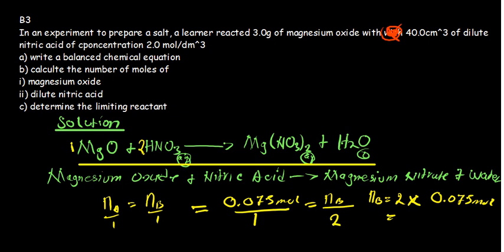What we get is 0.15 moles. So meaning 0.075 moles of magnesium oxide only reacts with 0.15 moles of nitric acid. And what did we have here?